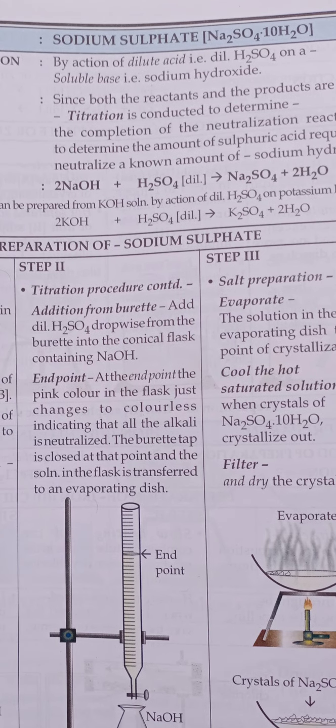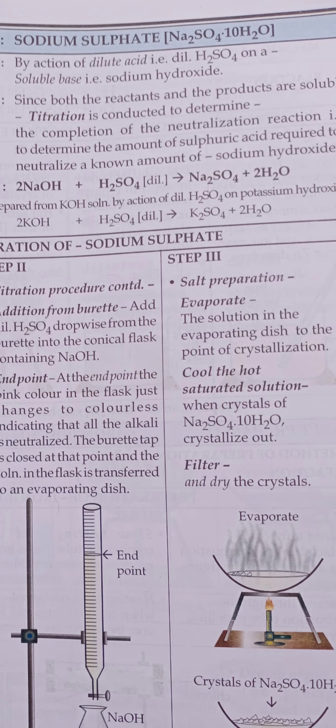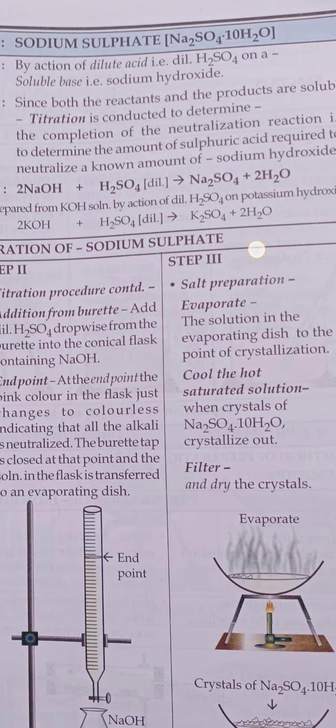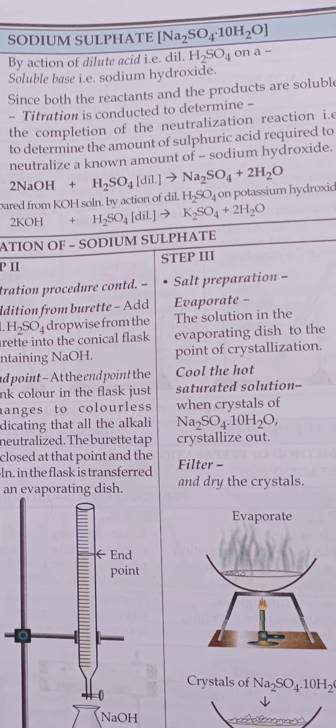Titration is conducted to determine the completion of the neutralization reaction, that is, to determine how much sulfuric acid is used to react with sodium hydroxide. So we can calculate the total amount of reactant that is treated.